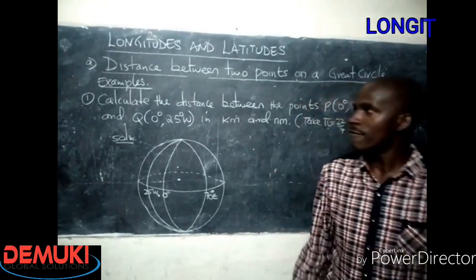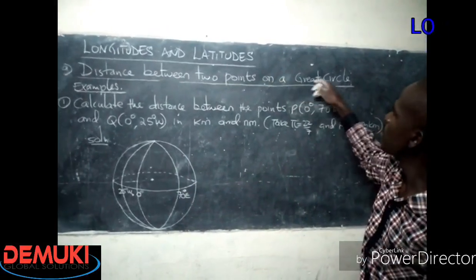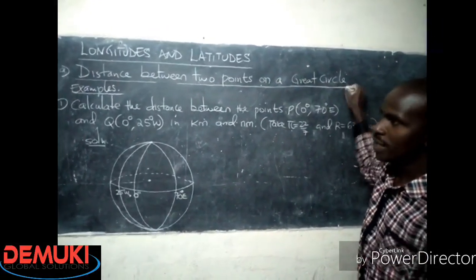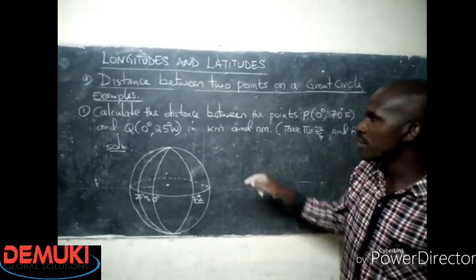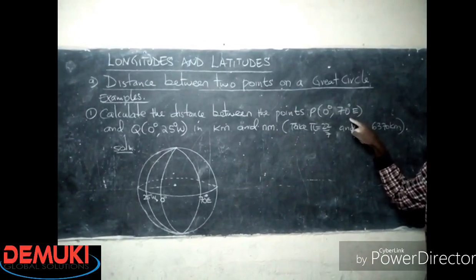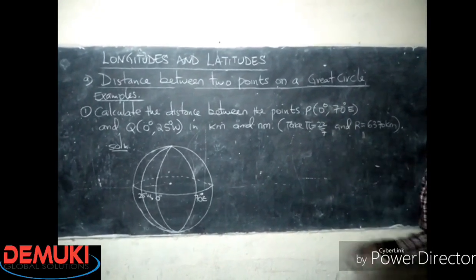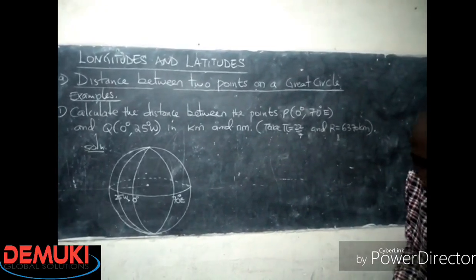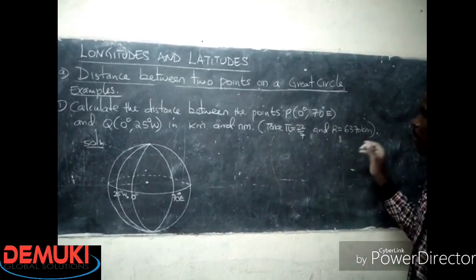Welcome. This is our first example on distance between 2 points on great circles. We are not dwelling on small circles, but great circles. Now in this example, we are told, calculate the distance between 2 points. One point is 0 degrees. Now, this takes us to locating the position of points on the globe.